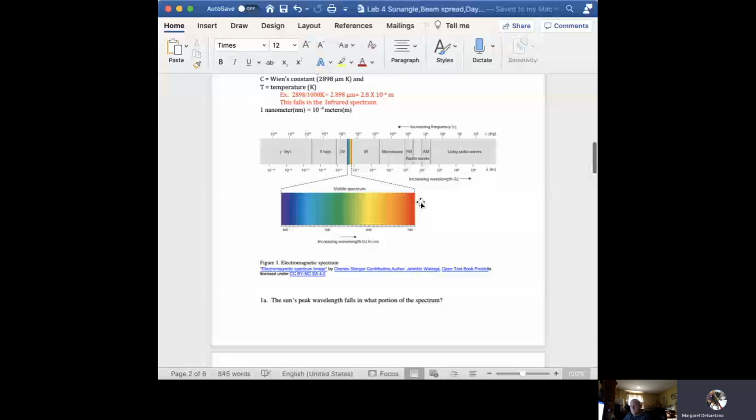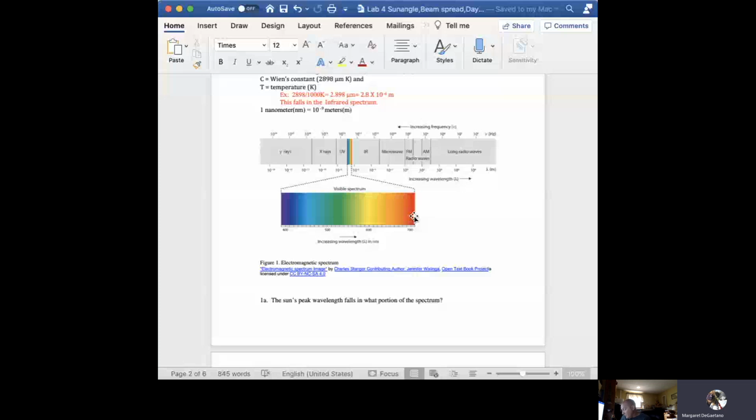For this electromagnetic spectrum, there are better versions that give you micrometers instead of nanometers, so you can do more direct conversions. But because this lab is an OER lab, this had to be an image that was allowed to be used without copyright. You can look up a better version, and it doesn't really matter.